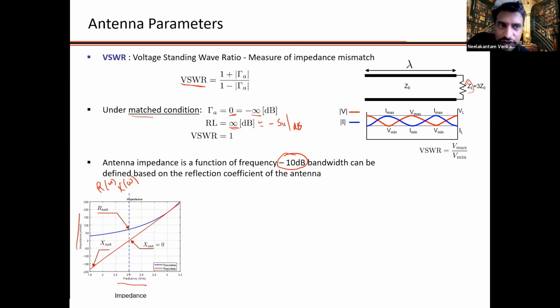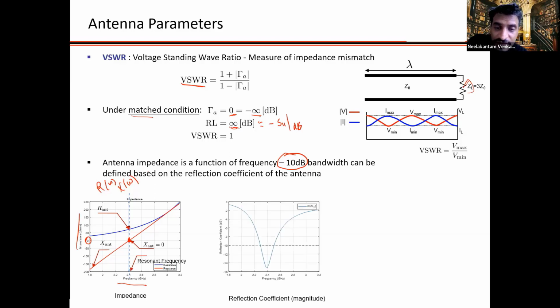The resistance changes with frequency, and so does the reactance. The frequency when the reactance is 0 is what you call the resonant frequency. That is the antenna's operating frequency. Typically, it is the resonant frequency of the antenna, when the reactance curve, the red curve, becomes 0 and your resistance is a positive number. That frequency is the resonant frequency.